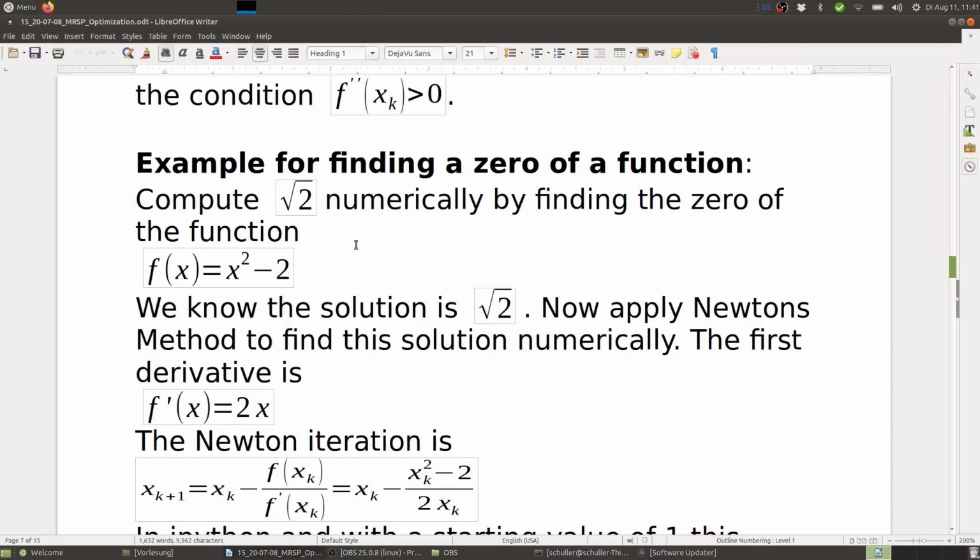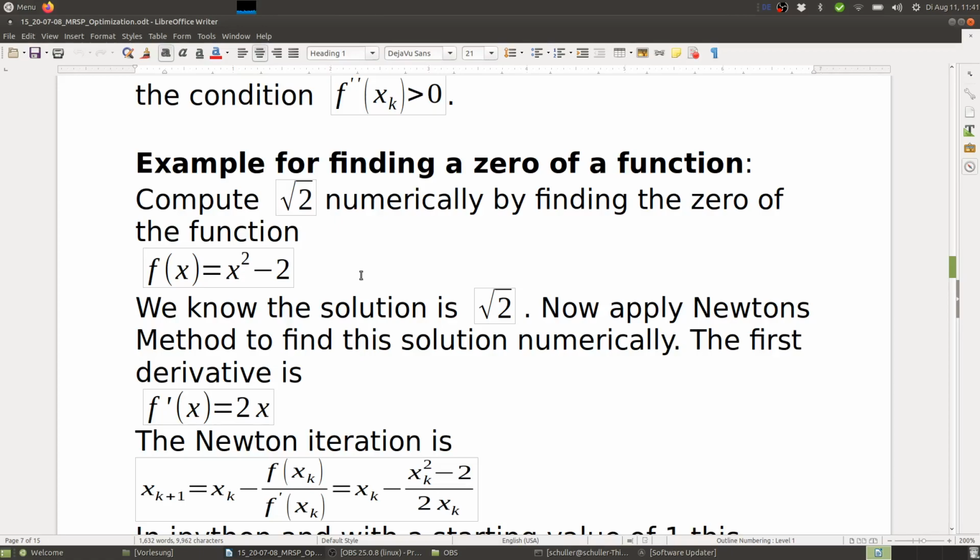So internally they actually use this iteration. So we start with the function f of x equals x squared minus 2. Right? So x would be your solution, square root of 2. And then we see if we take the solution, square it, then we get 2, and we subtract 2 from it, and then we get 0. Right?